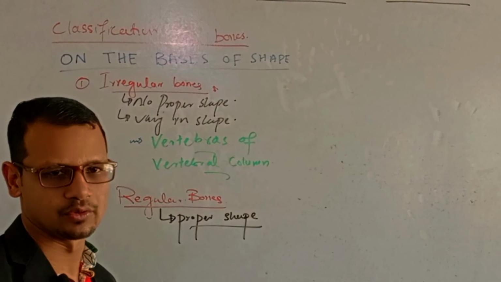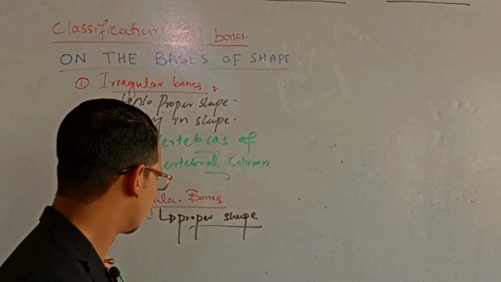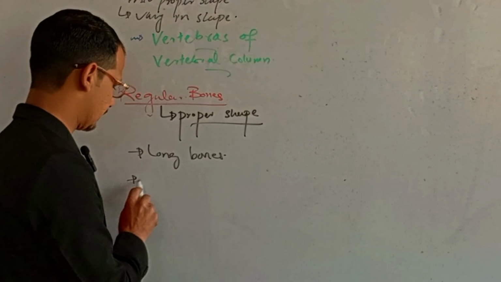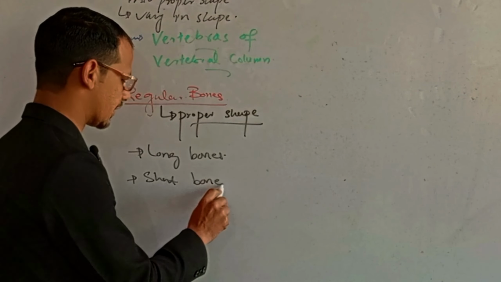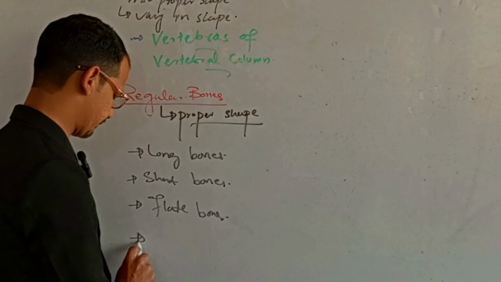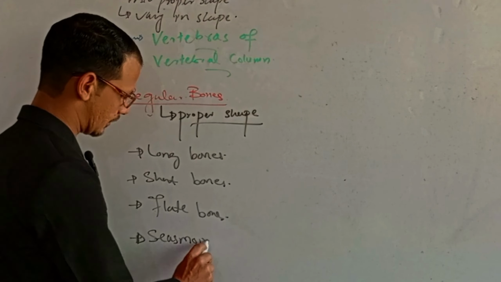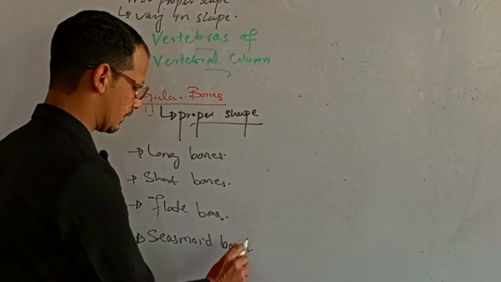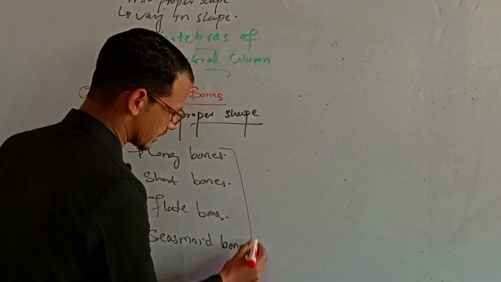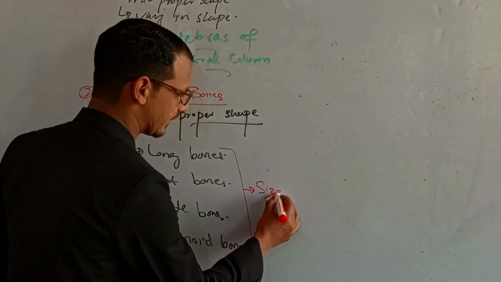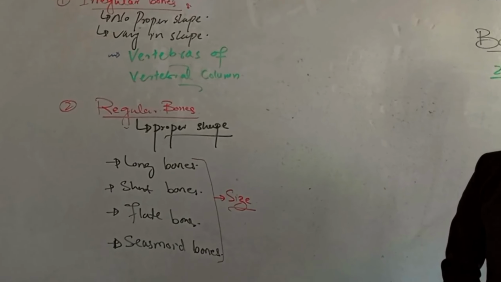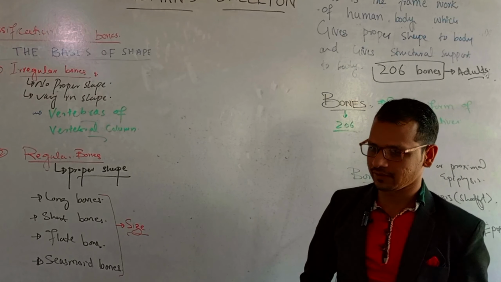They are further classified into long bones, short bones, flat bones, and sesamoid bones. This is just a classification on the basis of size, but they have proper shape, so they are also included in regular bones. Now we will discuss these bones one by one.